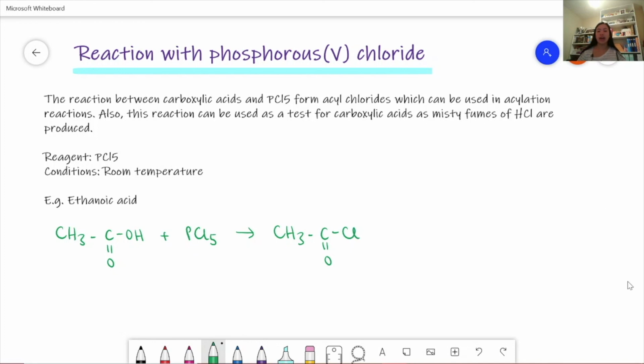Basically, the OH has been substituted by a chlorine. Acyl chlorides will come up in the topic of acylation. We also form POCl3 and also HCl, which is the misty fumes.